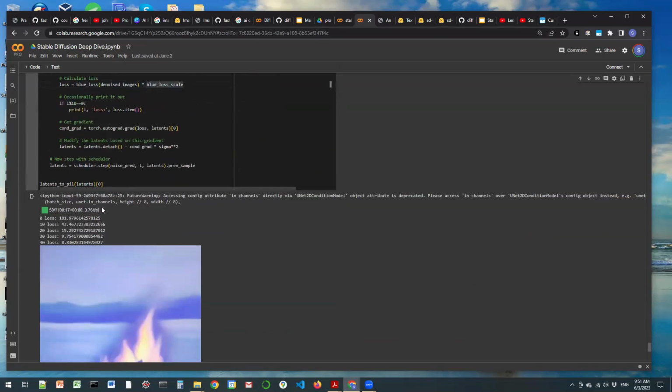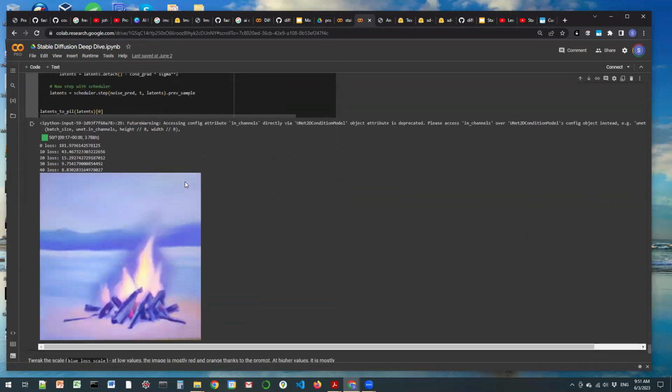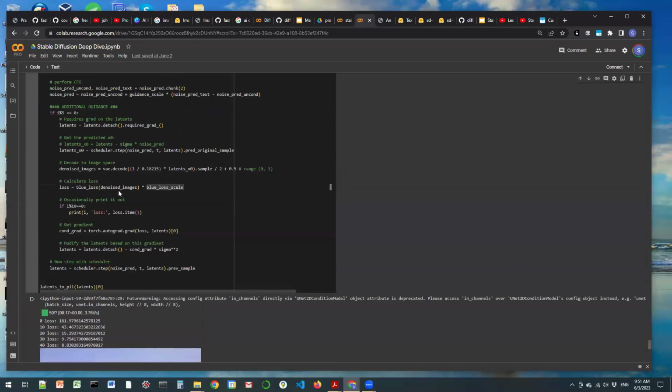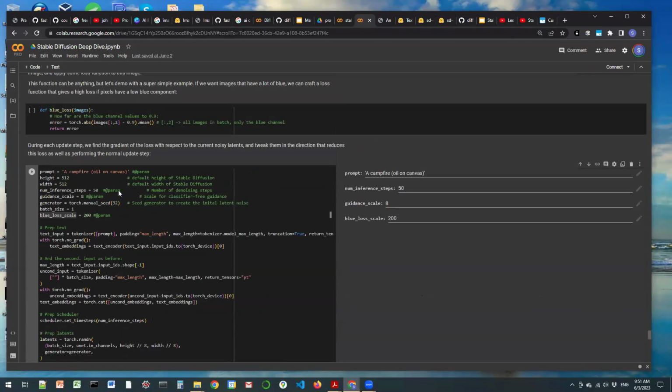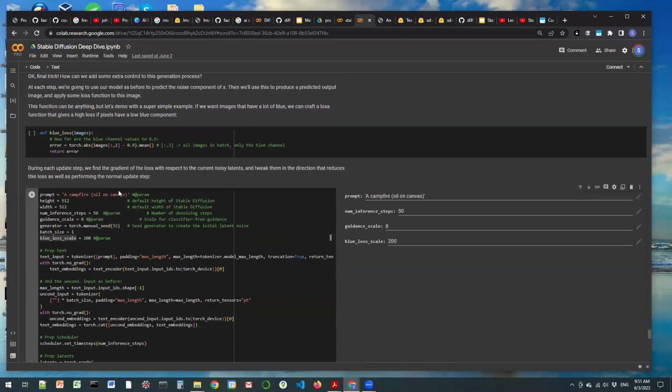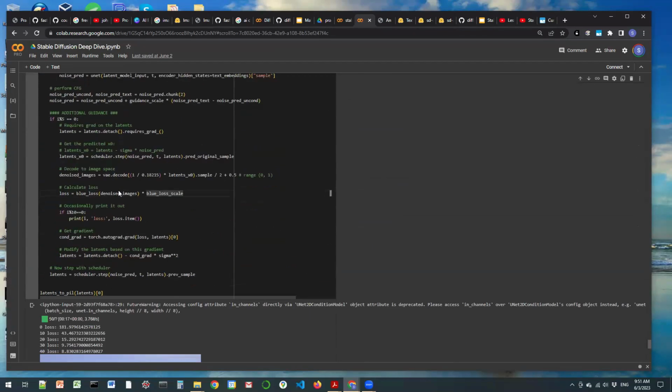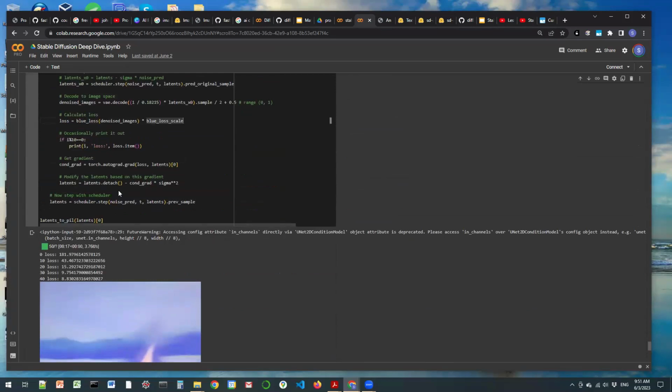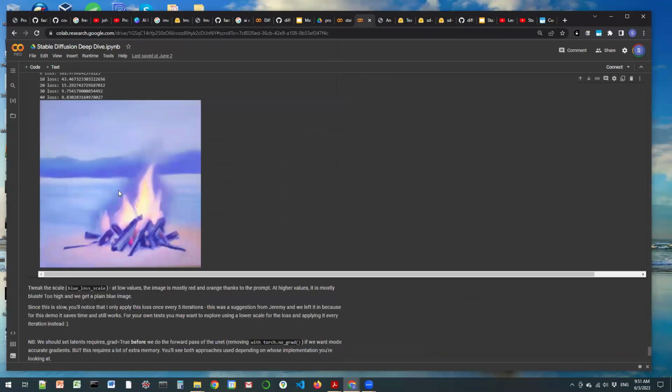And eventually what he has achieved as a result is a blue image where most of the image is blue. But if you remove the blue loss, or zero out the blue loss, and you plot it, you'll see that the original plot, because this is an image of a campfire, has a lot of red and yellow in it. But that's not what you see when you've done the blue loss.